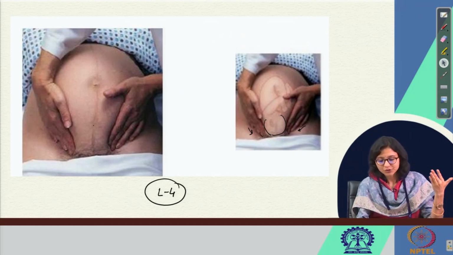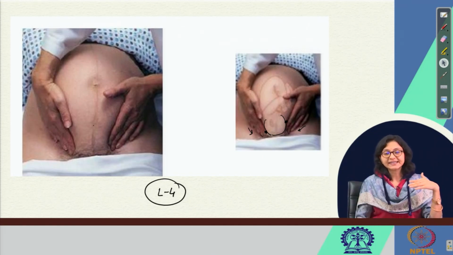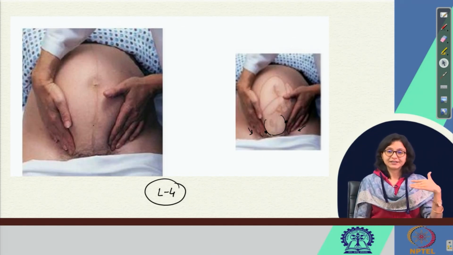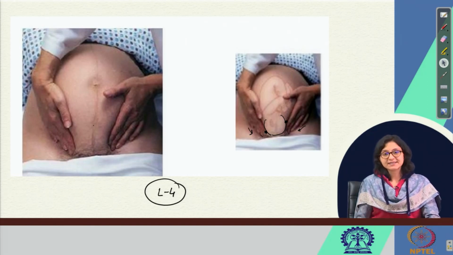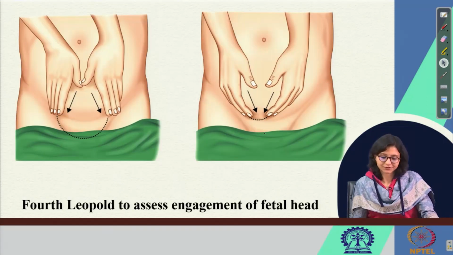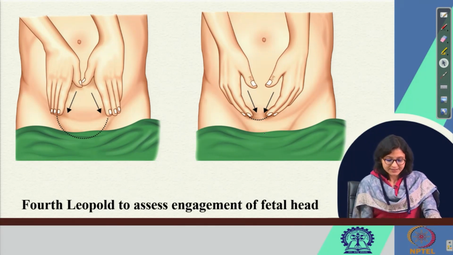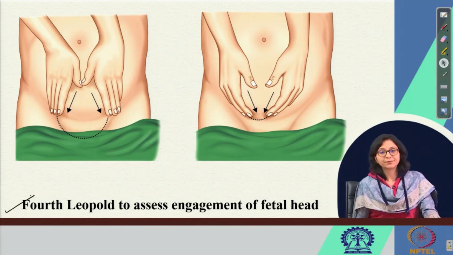Also you can say where is the sinciput and where is the occiput, and you can get an idea regarding the attitude of the fetus, whether it is properly flexed or extended. All these inferences will help in assessing the delivery of the mother. So, this is the fourth Leopold grip to assess the engagement of the fetal head.